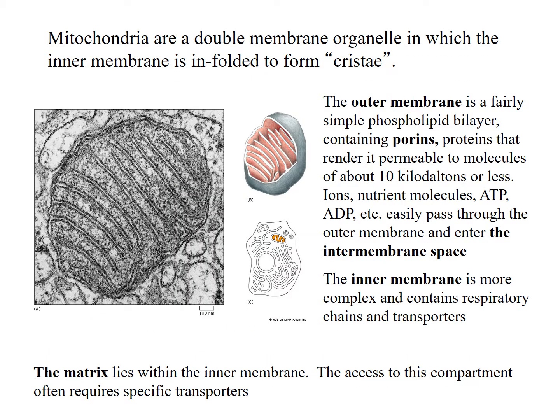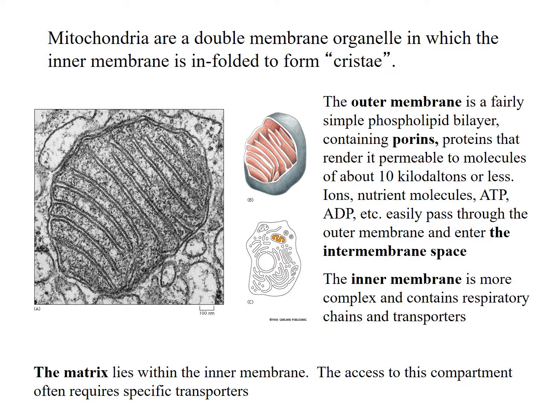And probably in your inquiry you found that the mitochondria is a double membrane organelle, and the inner membrane is folded to form cristae. This is the structure it looks like. Glycolysis, Krebs cycle, electron transport, a lot of that material is occurring in the organelle here.